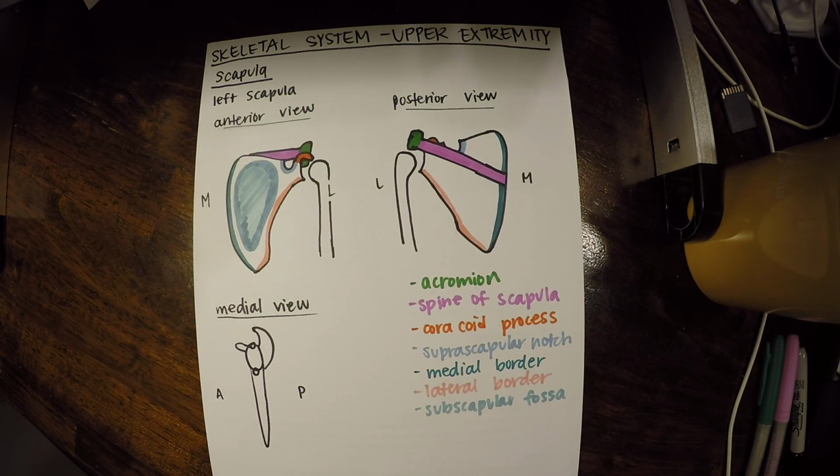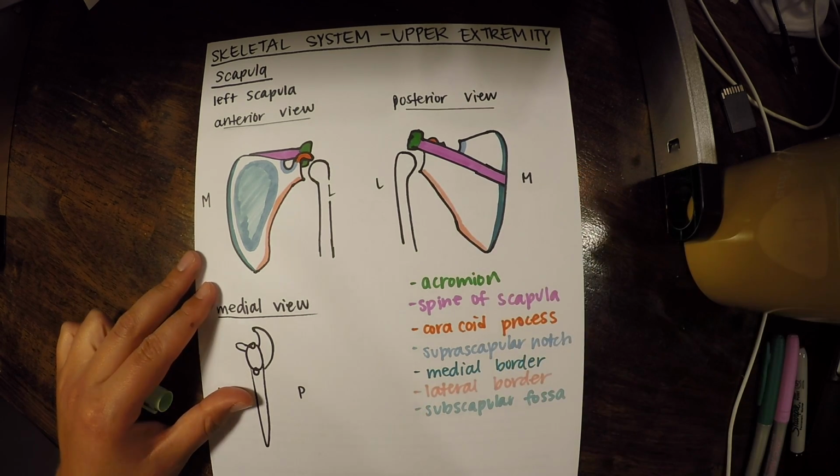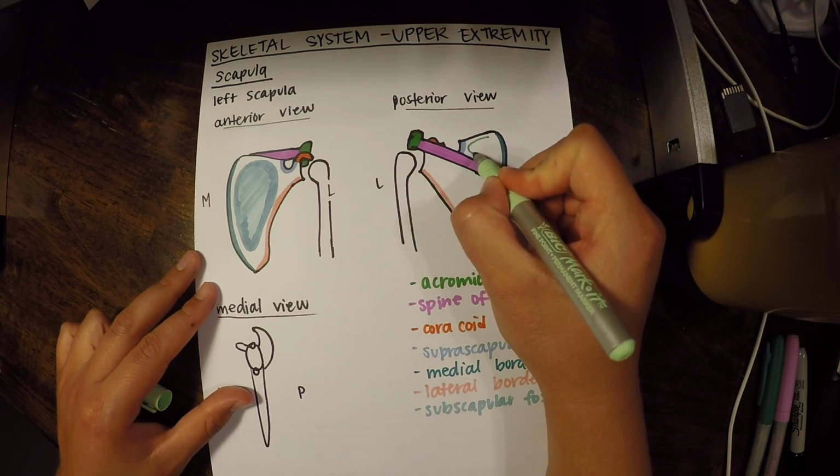All right. Now we have a few other fossas where muscles attach as well. We have a supraspinous fossa, which is, remember, this is the spine of the scapula. Now above it, we have the supraspinous fossa right in here.